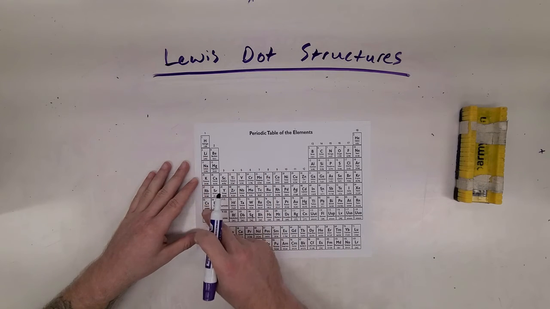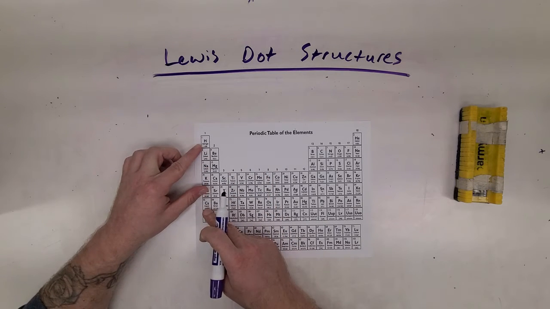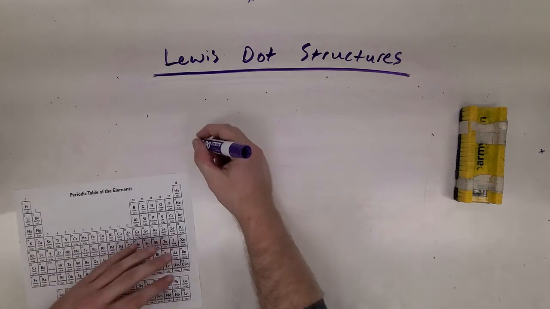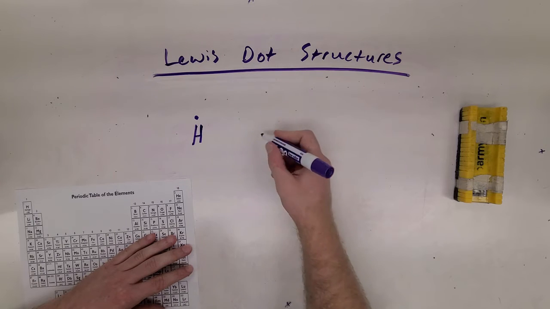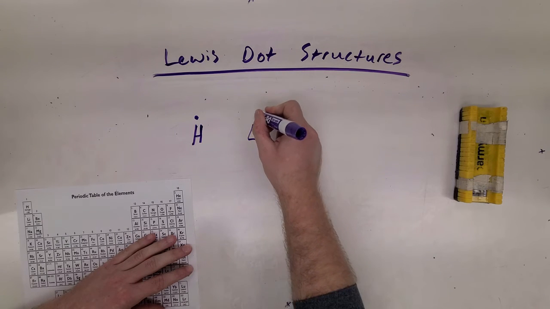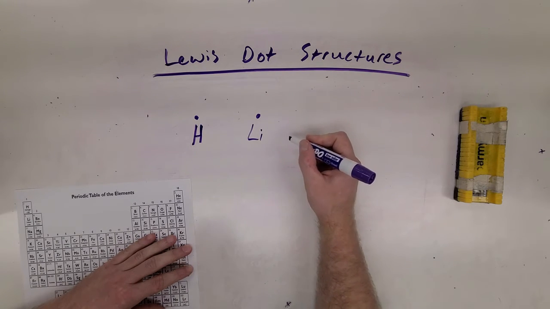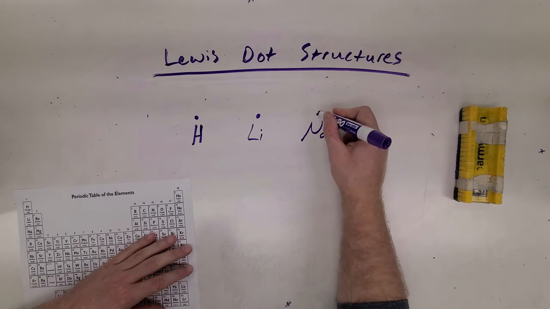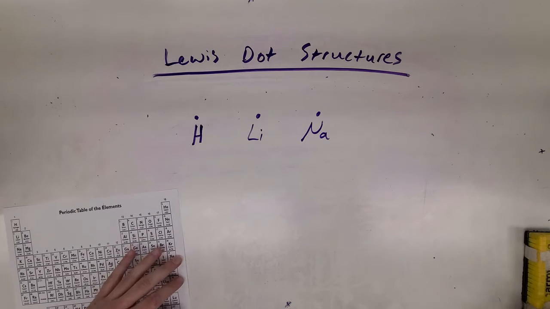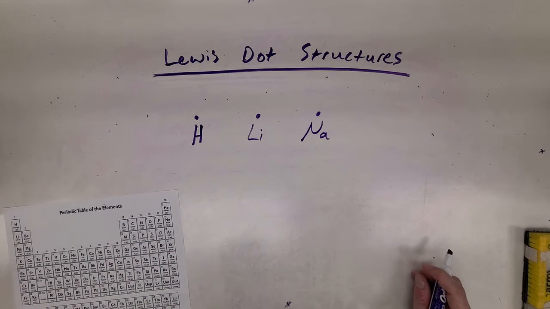Anything in group 1 is only going to have 1 valence electron. So no matter if we are drawing hydrogen, lithium, or sodium, they are all only going to have 1 electron in their outermost shell.